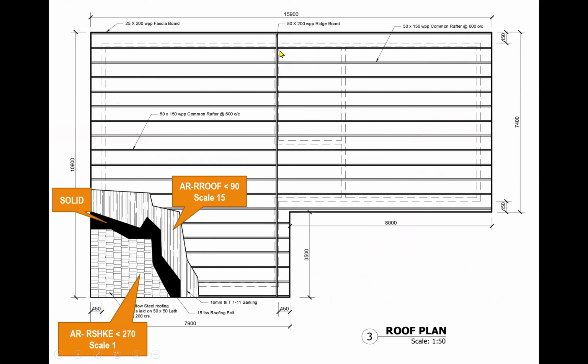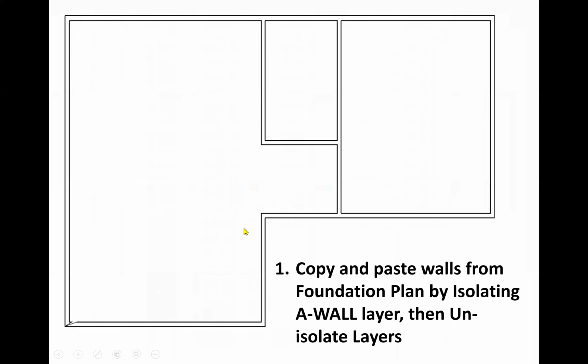But because this wall underneath was used as a support wall, it was not placed in the center. So these walls go all the way up, and then the ridge board is sitting on top of that. So it's still a gable roof, so the water flows away from the ridge on this side and on that side. Okay, and what you have following now will be the steps of how to draw that roof.